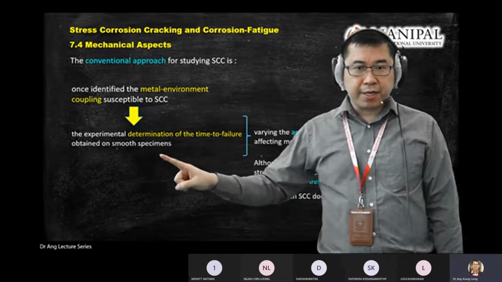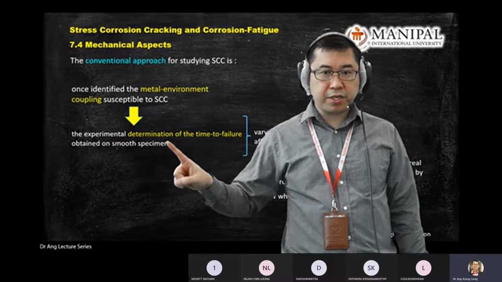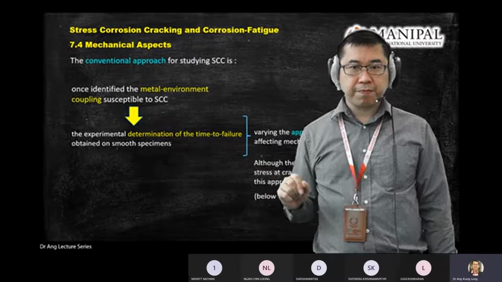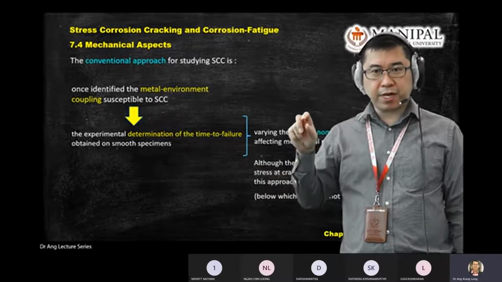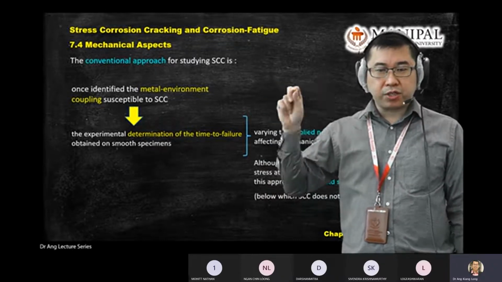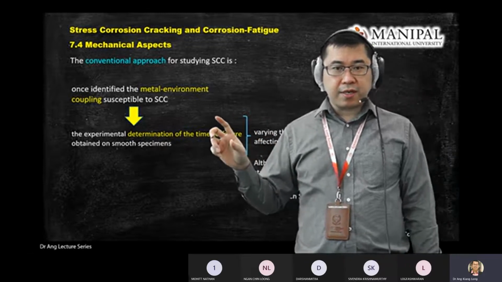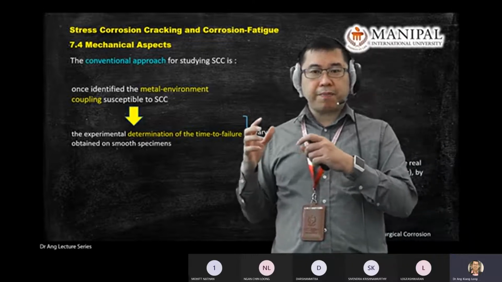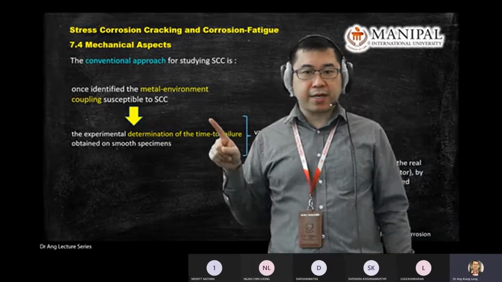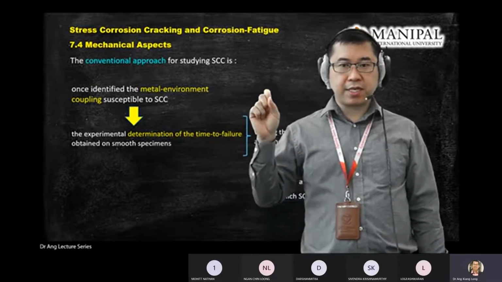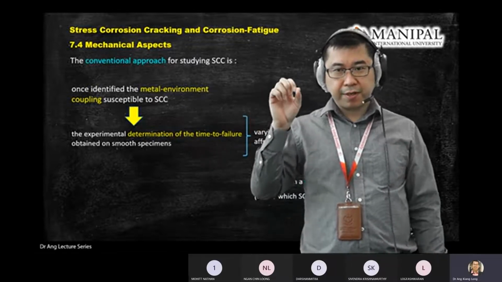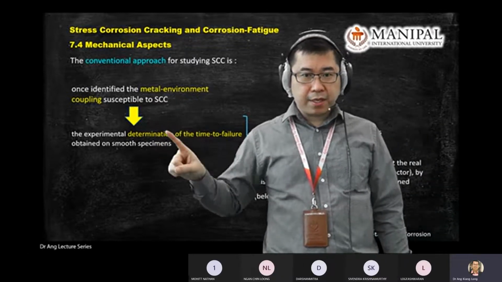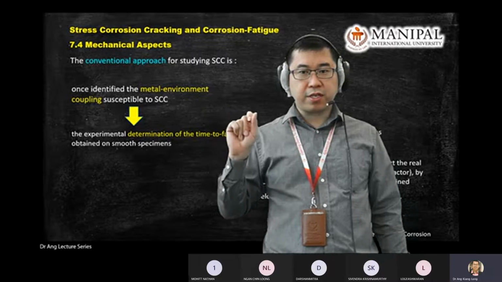Then the experimental determination of the time of failure uses a smooth specimen. When you study material, especially corrosion engineering, of course this module doesn't have a lab. Under the material subject, you should be able to see the metal structure under microscope, and from there you will see how good is the curing and so on.